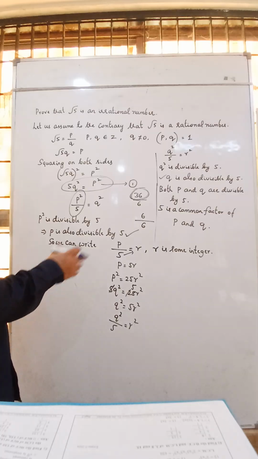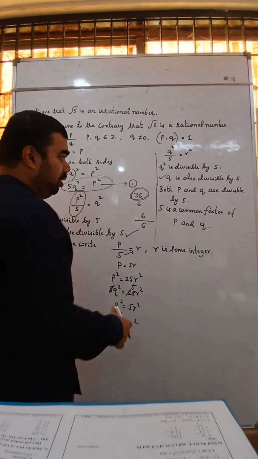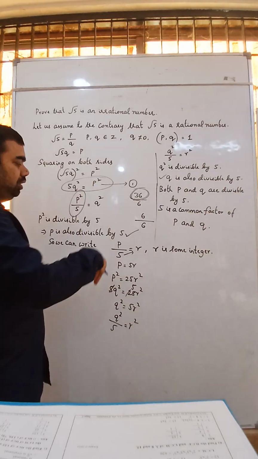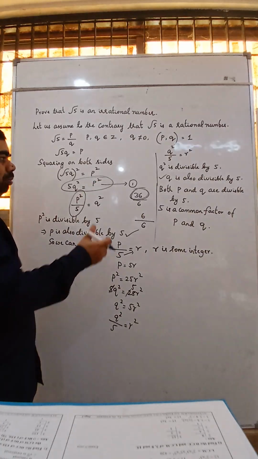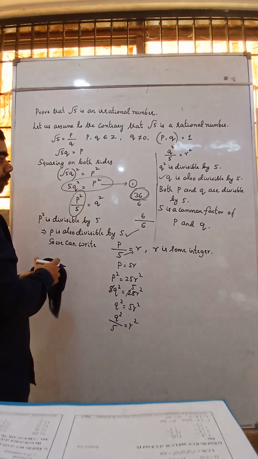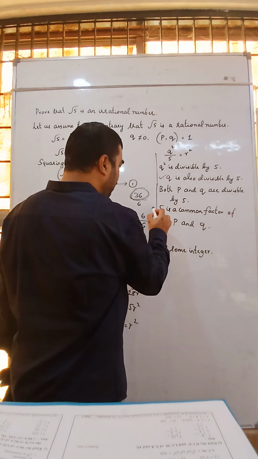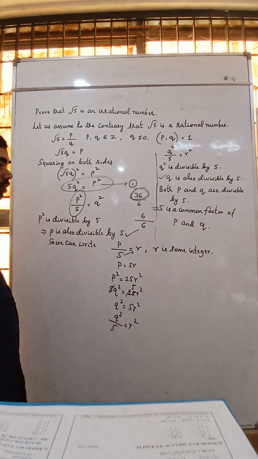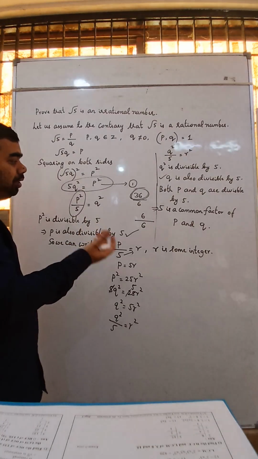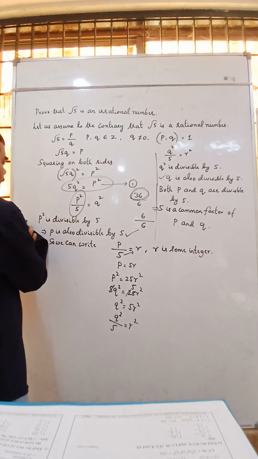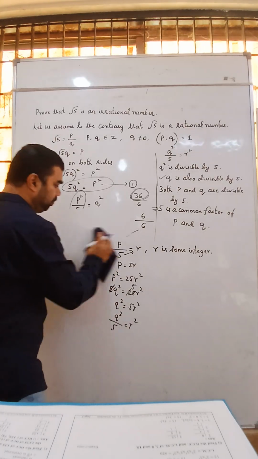So just erase this. We can play back this video and look at these steps. But for the moment, because the problem is a little lengthy, I will erase this and continue the problem. So we arrived at this point where 5 is a common factor of p and q. So if 5 is a common factor of p and q, we cannot say that p and q are co-prime. So now p and q are no more co-prime.